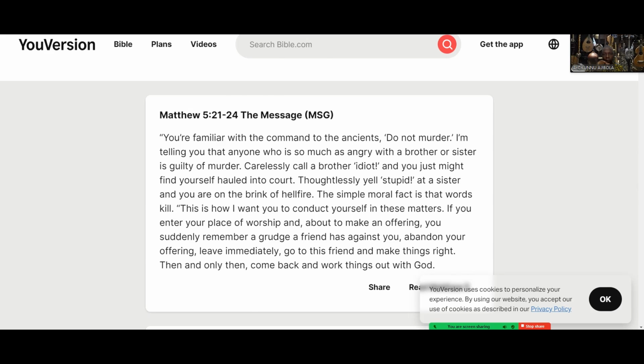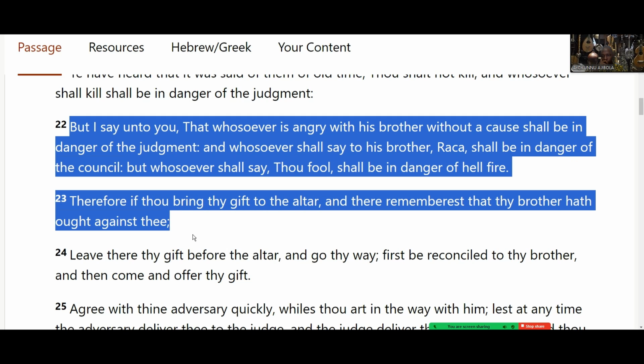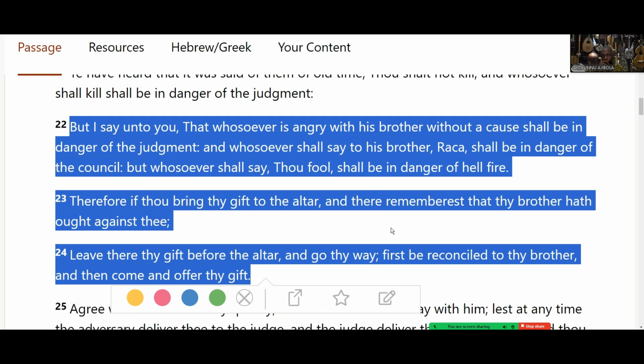Okay, hold on. That is from the Message version. Now from the King James Version, read the same thing. But I say unto you that whosoever is angry with his brother without a cause shall be in danger of the judgment.